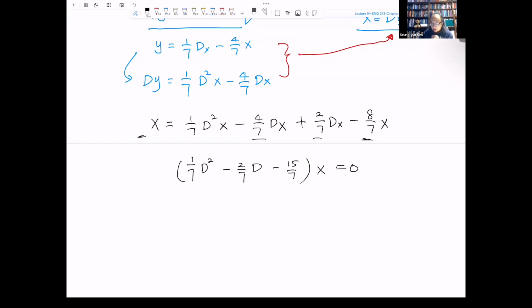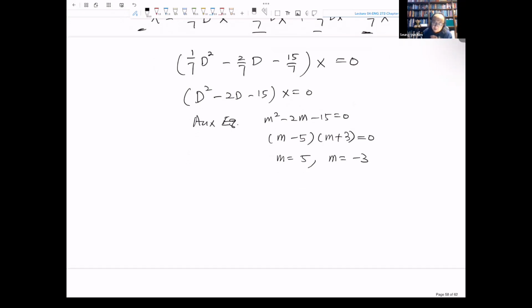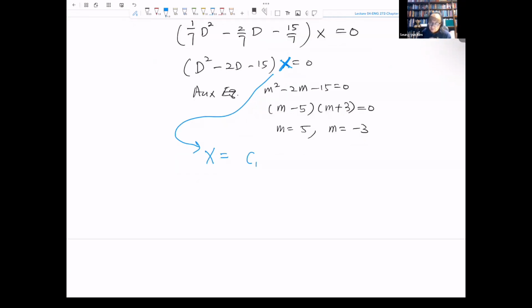Now we can multiply by 7 everywhere. Our auxiliary equation gives m equals 5, m equals negative 3. So our x is C1 e to the 5t plus C2 e to the negative 3t.